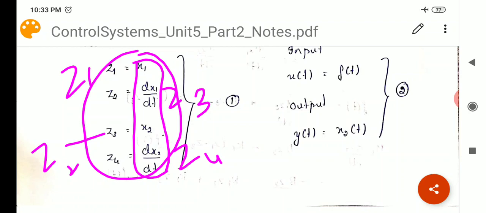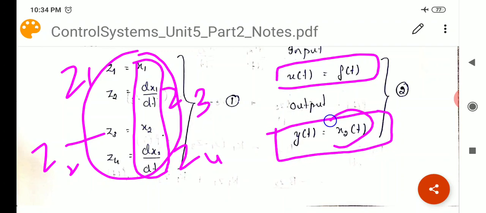If you choose some other parameters as the state variables, you will still be able to get the state model, but you will have to put in more effort and it might be time consuming. So the easiest way is to choose the displacements and their first derivatives as the state variables. One more thing to observe here is the input u of t is f of t and the output is x2 of t, because x2 is given in the question.